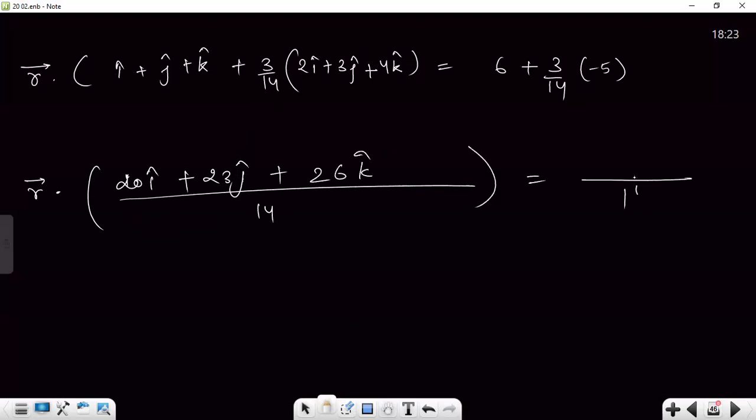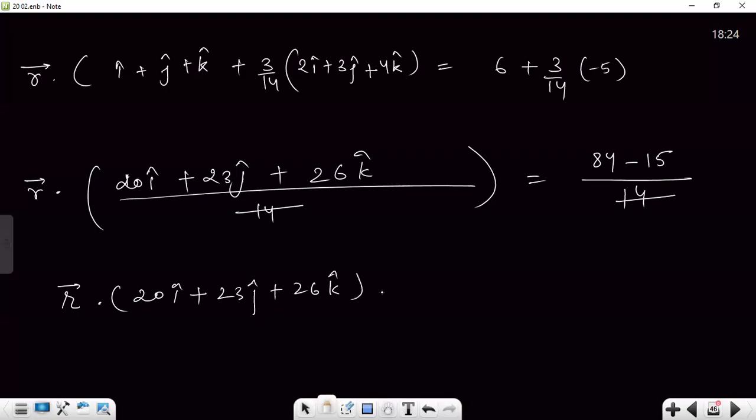Taking 14 LCM, 14 times 6 is 84 minus 15. 14 cancels. This becomes r vector dot 20i cap plus 23j cap plus 26k cap is equal to 84 minus 15, that is 69. And this is our answer.